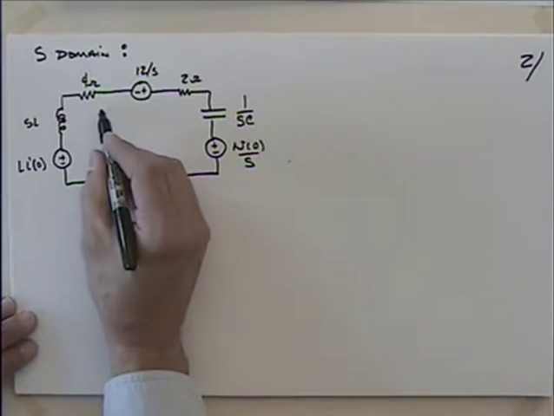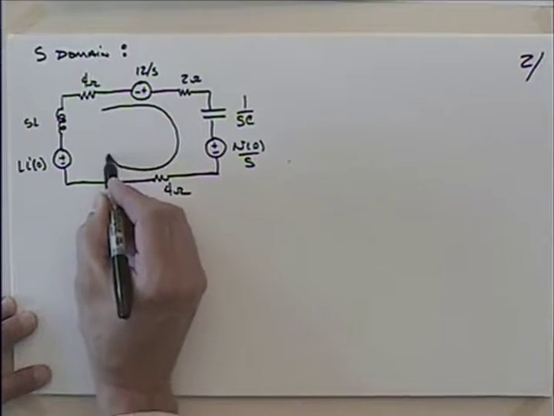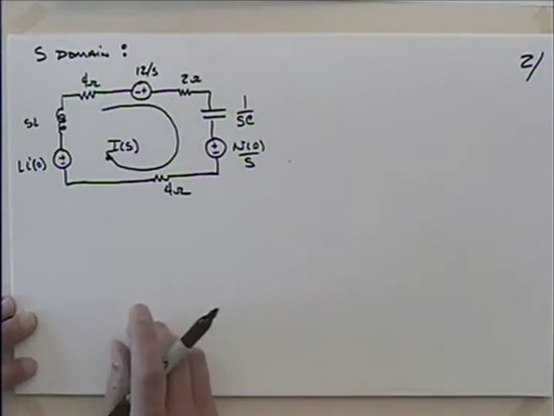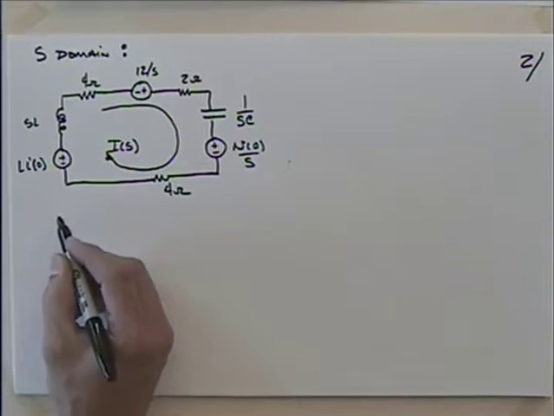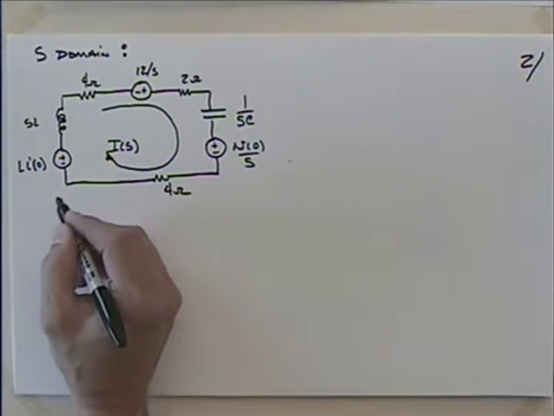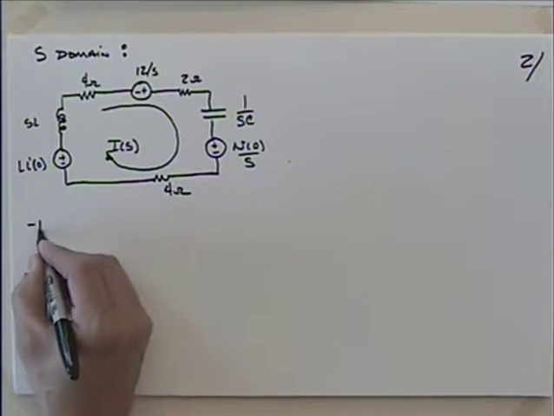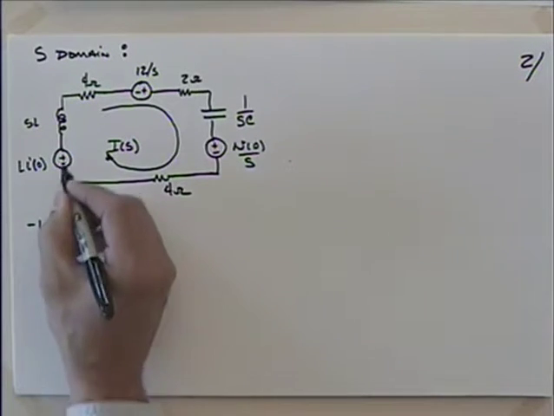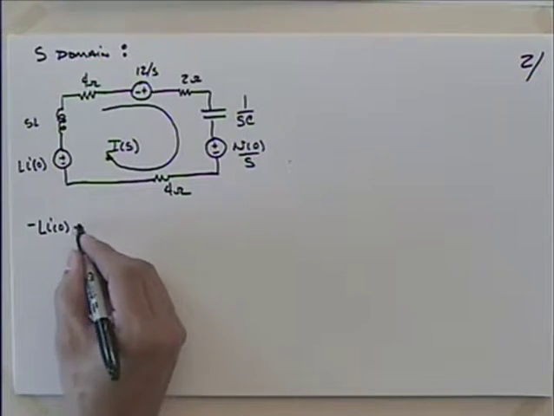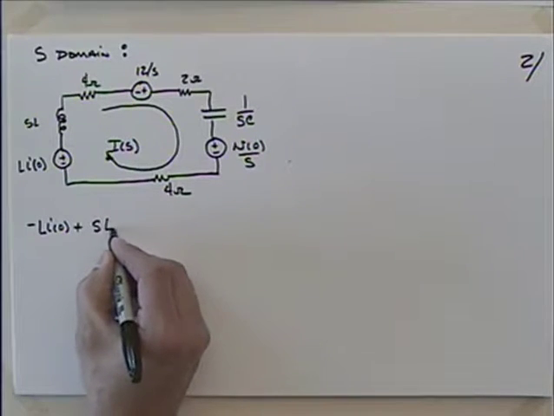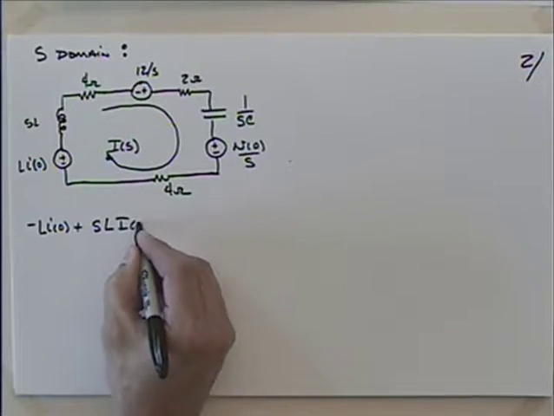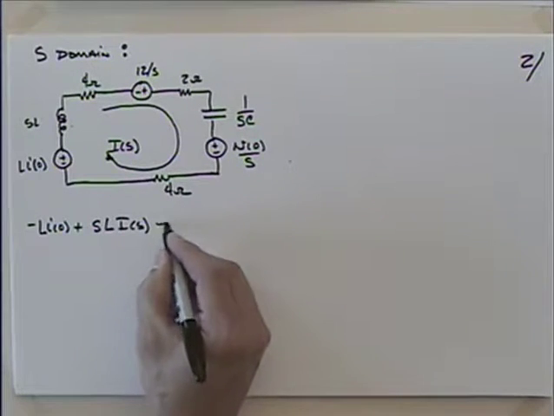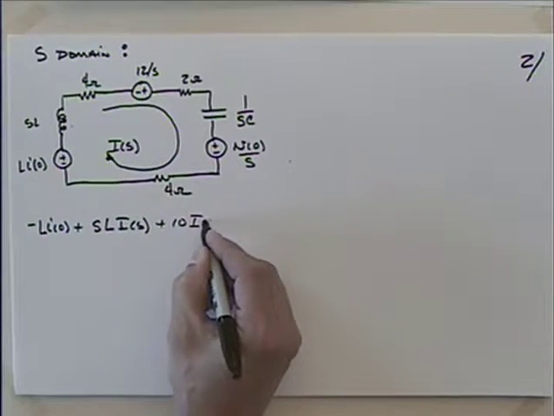And again, I took this current here. The only difference is now this is not I of t, but it's I of s. So going through Kirchhoff's law in a very similar fashion, I have minus L I naught, because that's a gain, plus then the drop S times L times I of s. Then I have plus 10 I of s.